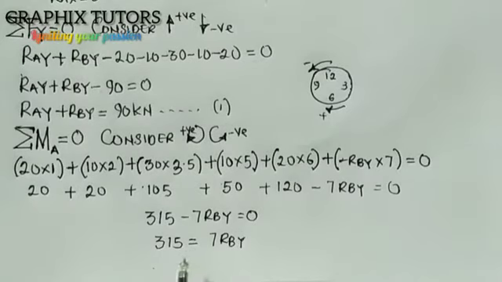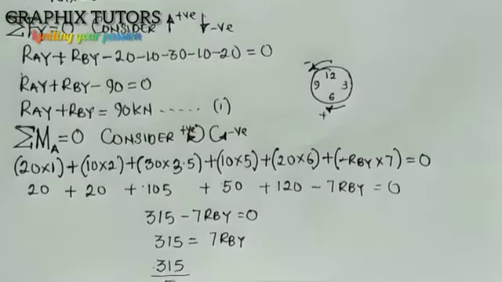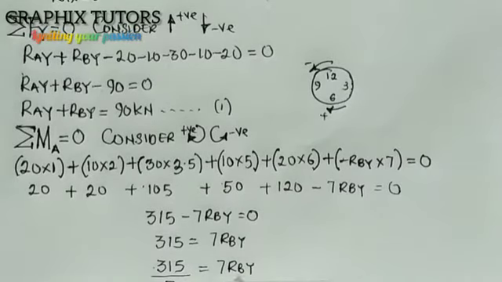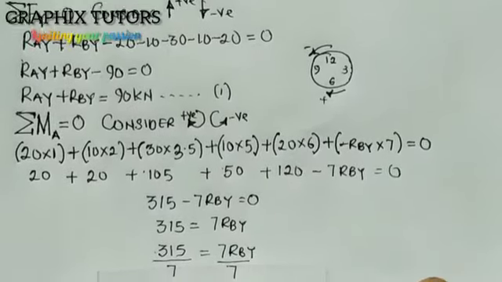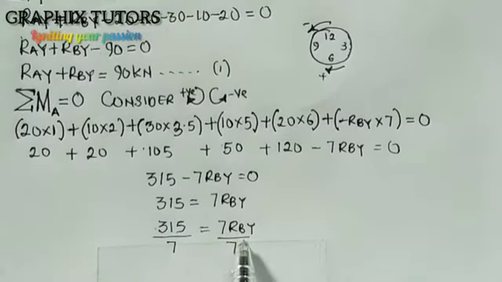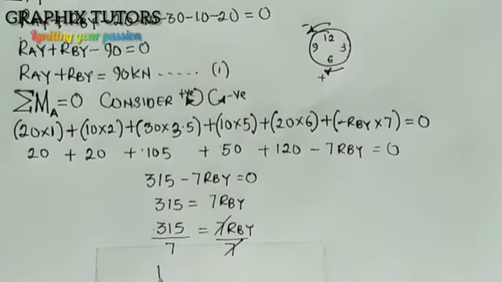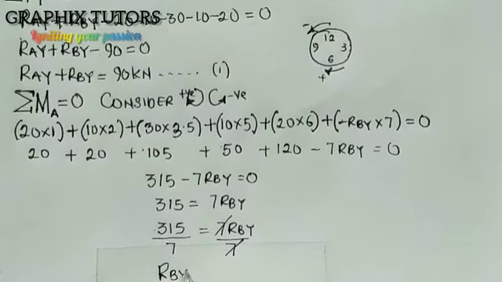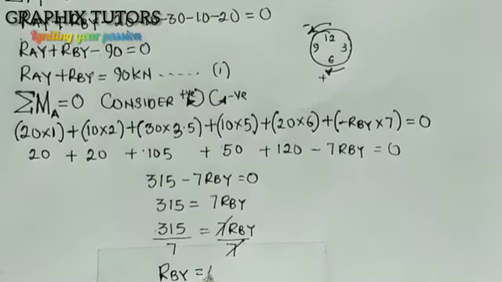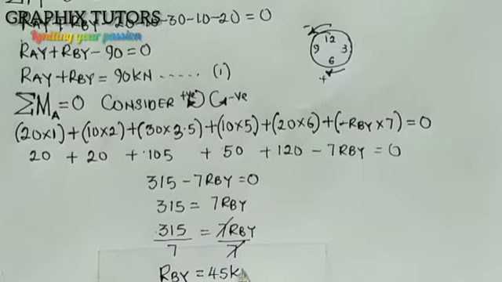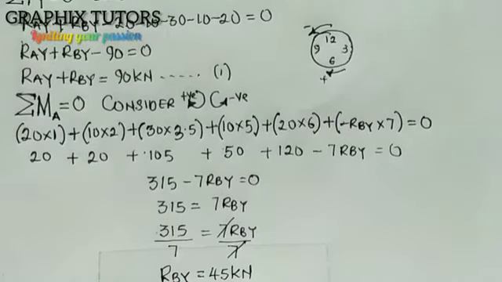Now, if you divide both sides by 7, we'll say that 315 all over 7 is equals to 7 ROBY all over 7. Right? So from here, this will equate this. We will now say that my ROBY is equals to what? 45 kilonewton. That's ROBY.